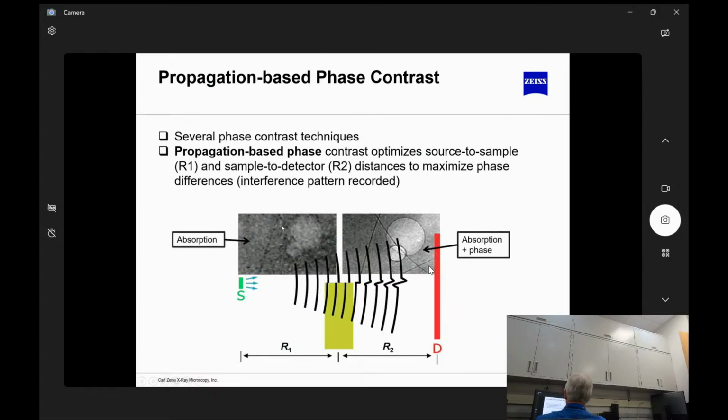Now, with an absorption scan, I don't get a lot of contrast at those edges. Again, even with something like polyethylene, I'm going to get some Compton scattering there. It's going to make it hard to see that edge when I've got air versus polyethylene, when it's small enough, right?